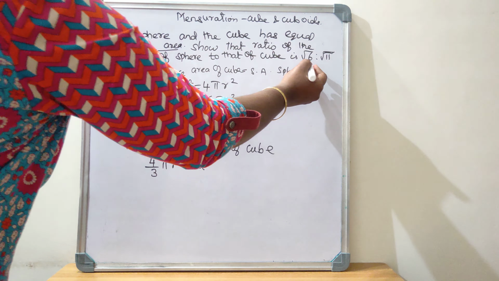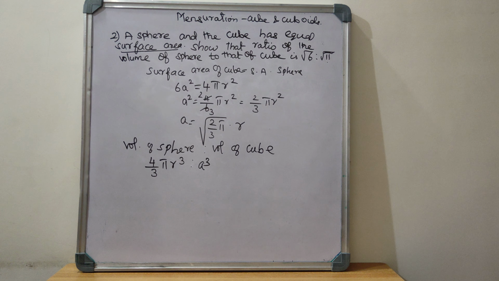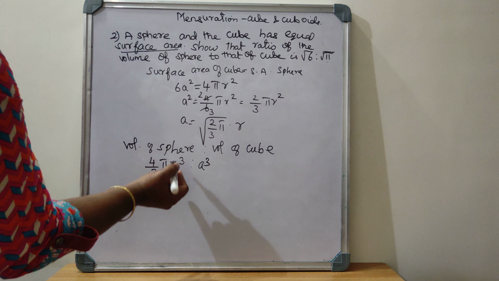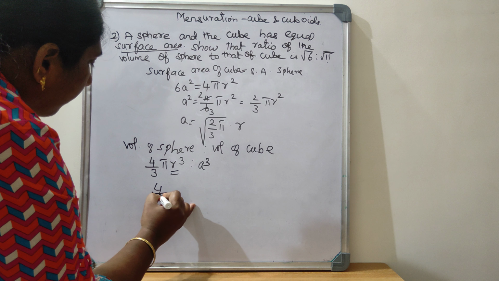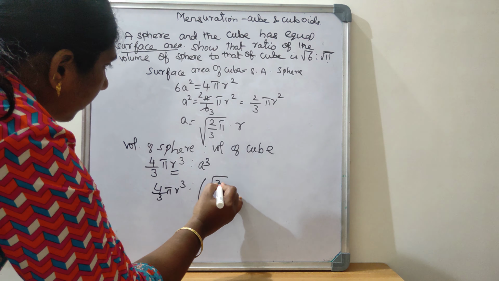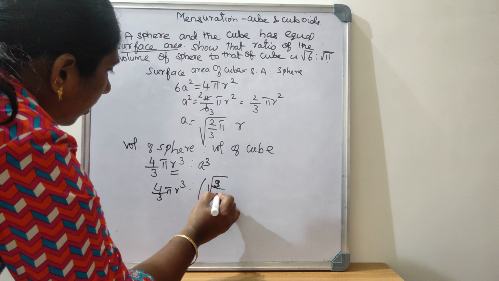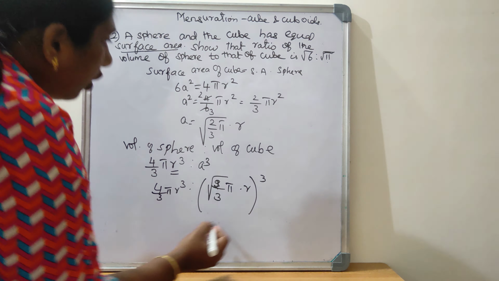Since the relationship they ask is 6 root pi, we are going to substitute any one value. Already we have r, and a we have taken in the form of r. So we are going to substitute here 4 by 3 pi r cube ratio 2 by 3 pi dot r, the whole cube.